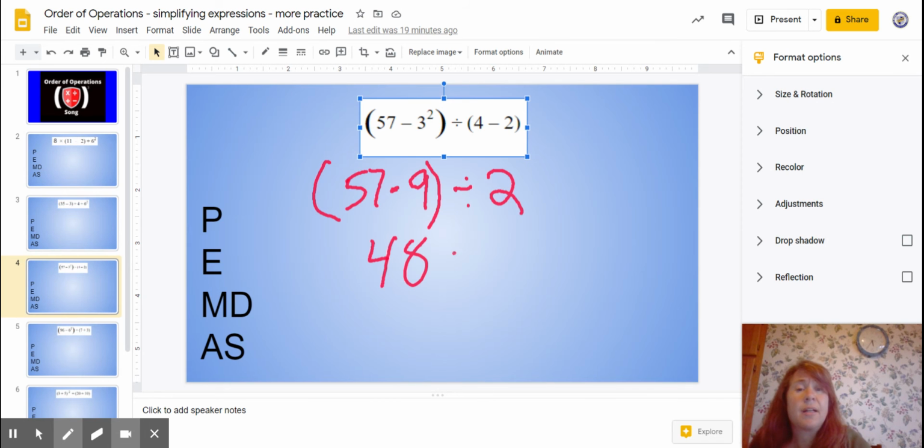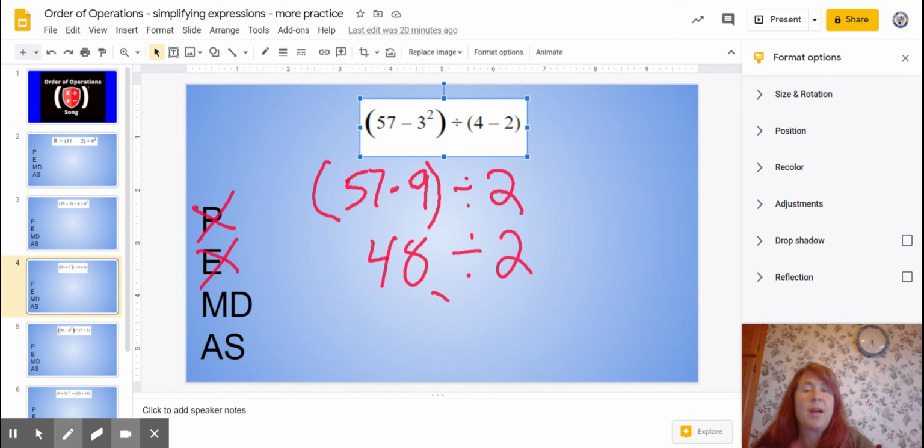48 divided by 2. Now I can mark my parentheses as done because I'm all done. I already took care of my exponents as part of my parentheses. That was part of that work. So I don't have any more exponents, but I do have multiplication or division. In this case, it is division.